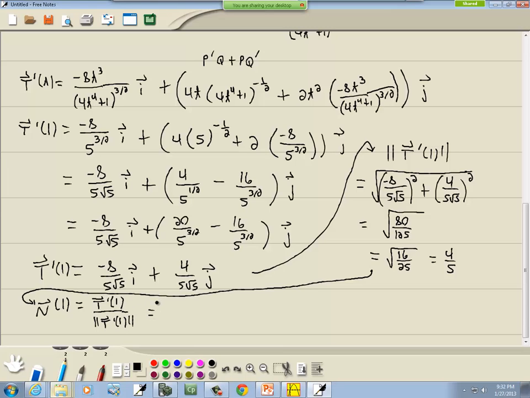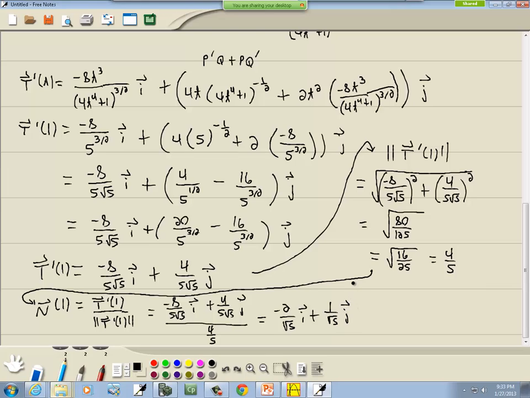So I got negative 8 over 5 square root of 5 i, plus 4 over 5 square root of 5 j, all over 4/5. Now I'm going to flip that 4/5 and multiply it times my top part, which when I flip this, it becomes 5/4, and the 5 is going to cancel there. And then I'm going to divide each one of these by 4. So that gives me negative 2 over square root of 5 i plus 1 over square root of 5 j.